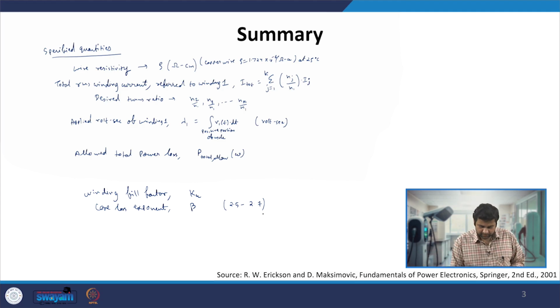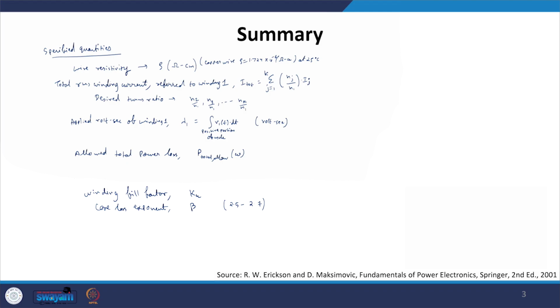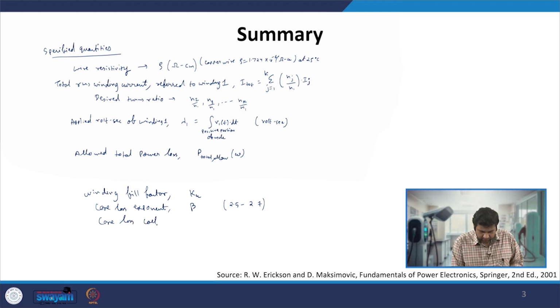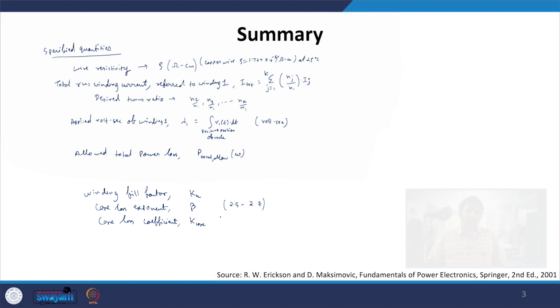However, the most precise information you can get from the core manufacturer data sheet. Then you can also define the core loss coefficient. You can get this from the core loss curve by doing curve fitting in the core loss versus delta B curve provided by the core manufacturer, and that is K core.